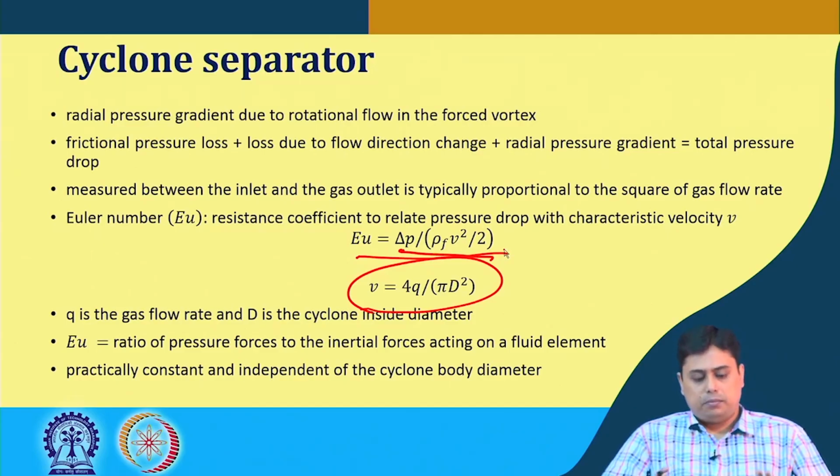Now, for a family of similar cyclone separators, this value is practically constant and it is independent of the cyclone body diameter.